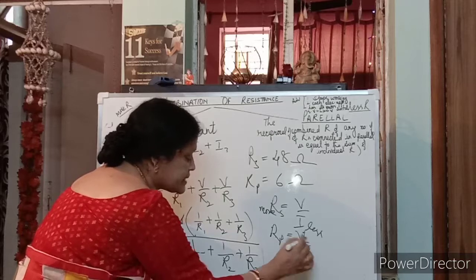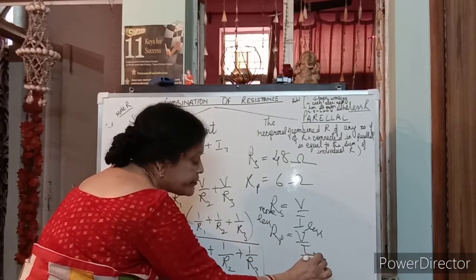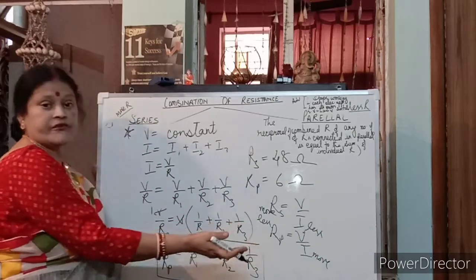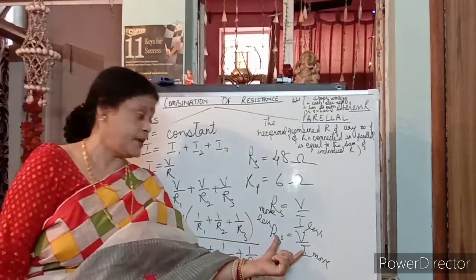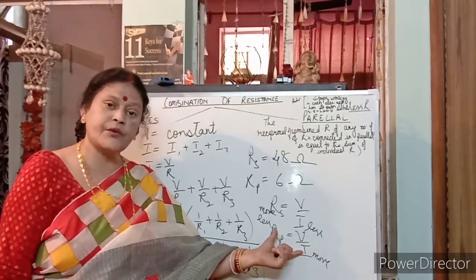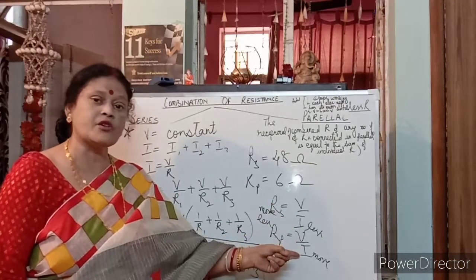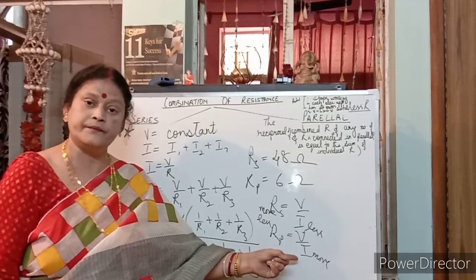If the answer is 6 ohm, less resistance, then current will flow more. That is why more current passes through parallel resistance, so this is more advantageous than series, because we get more current from here.